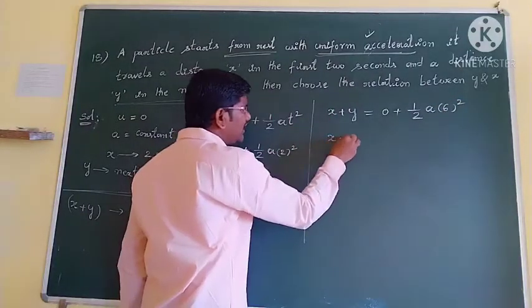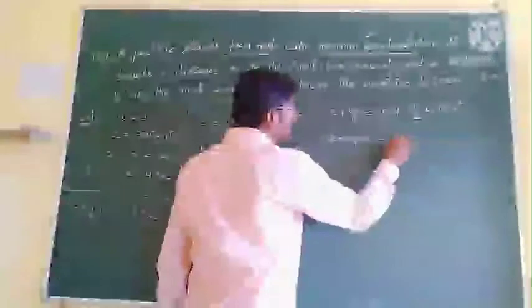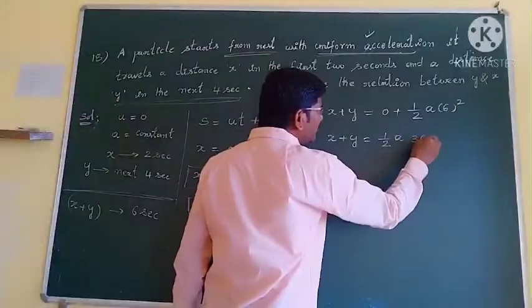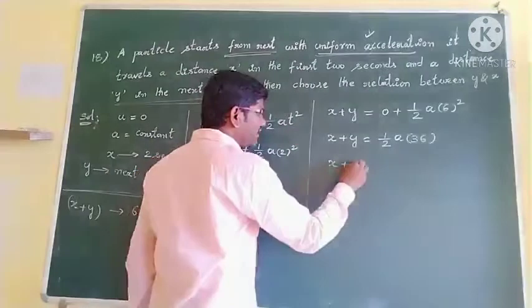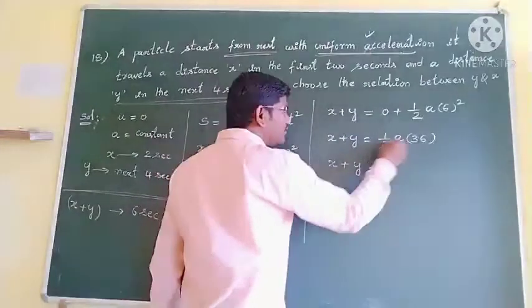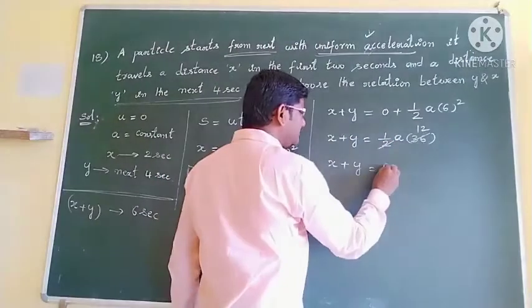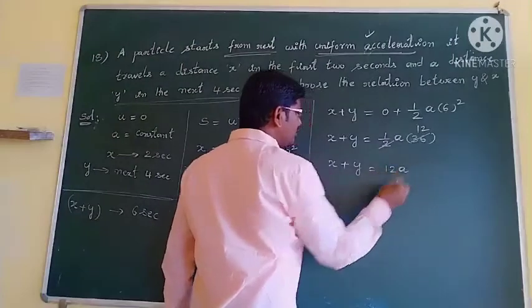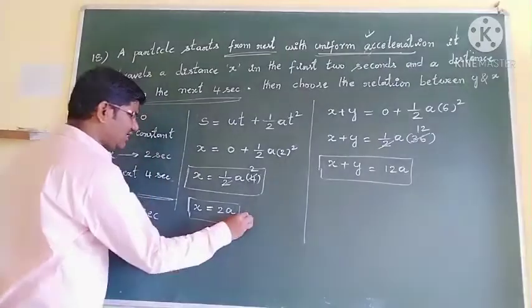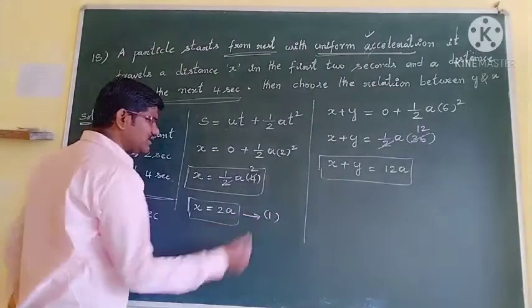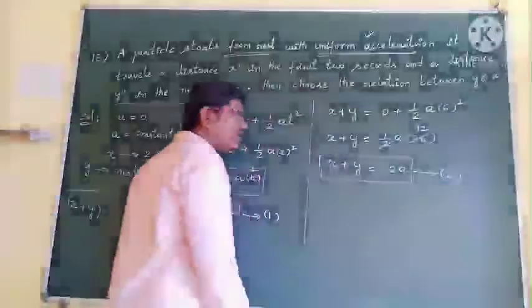Then what will you get? x plus y is equal to 1 by 2 into a into 6 square, value 36, then x plus y is equal to 2 sixes are 12, so you will get 12 into a. So x plus y is equal to 12 into a, and x is equal to 2a, this is equation 1, and x plus y is equal to 12a, equation 2.